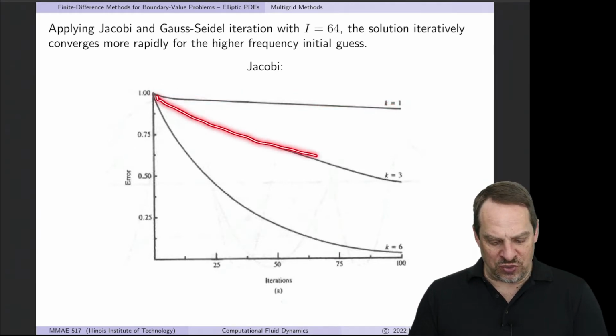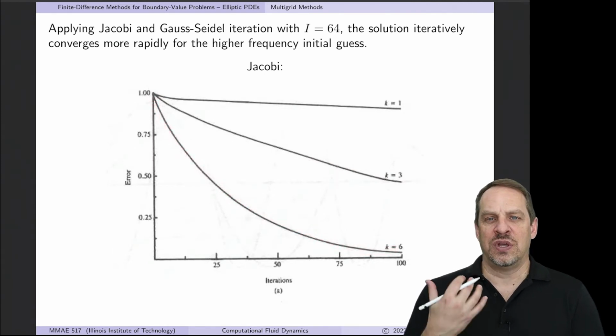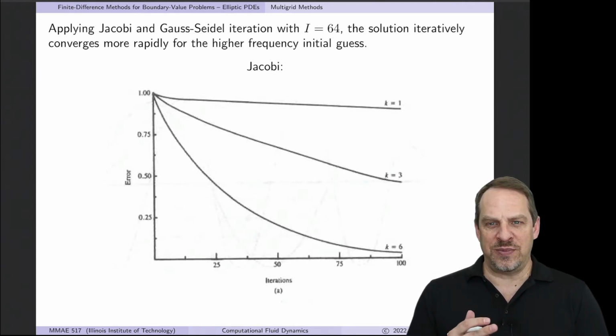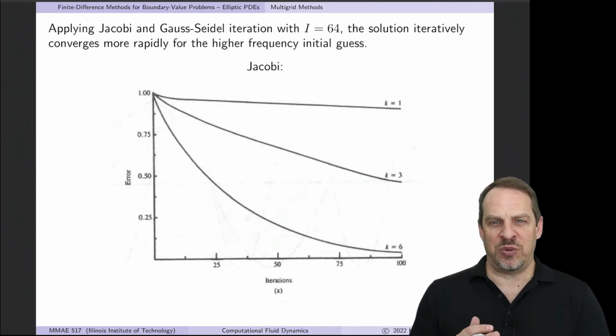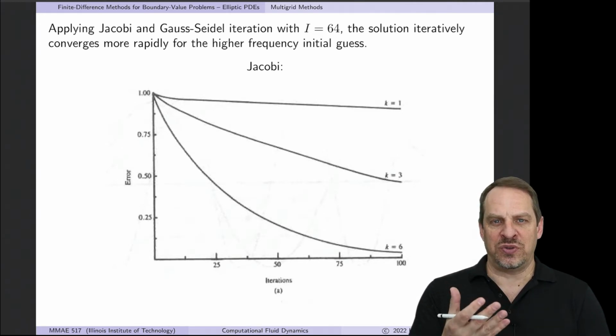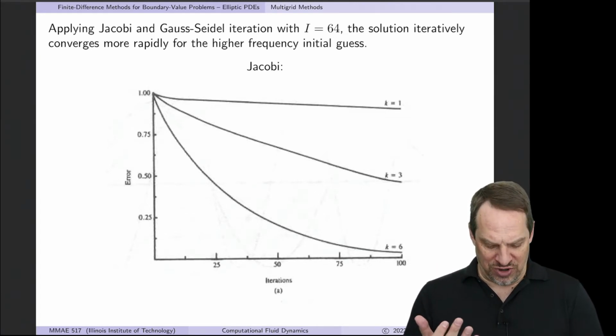Going to k is equal to 3 dramatically improves, and k is equal to 6 further dramatically improves the convergence properties. Exactly the same equation, exactly the same discretization, and exactly the same numerical method. The only difference is the shape, the behavior, the modes that are contained in the original initial guess. And you can see very dramatic differences in the iterative convergence properties.